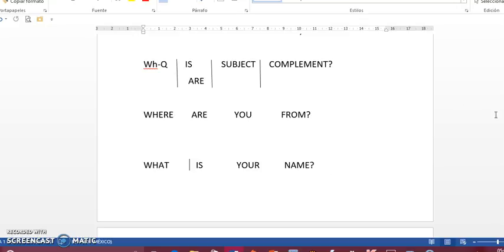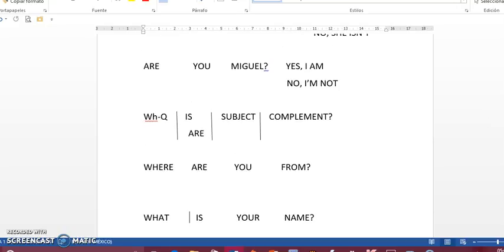The structure that you have to follow to ask a WH question is, first of all, the question word: where, what, why, who, and there are some others, okay? Second, we are going to use the verb to be, is for singular, are for plural. Then the subject pronoun or noun, and the complement of my question.